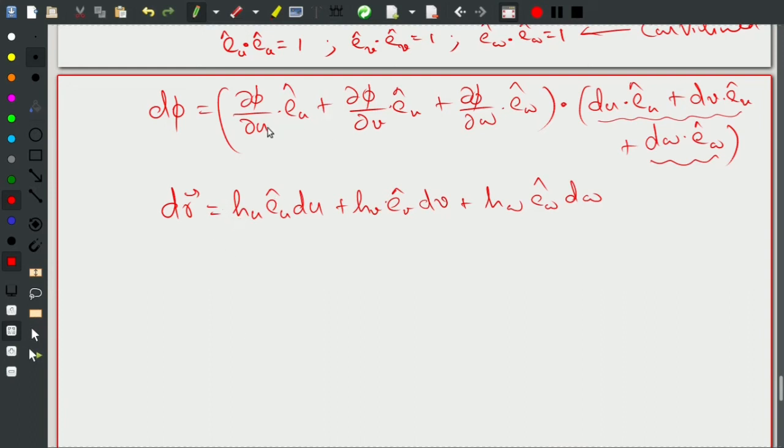For that, let's multiply and divide this whole equation by h_u, h_v and h_w. Let me write it out.